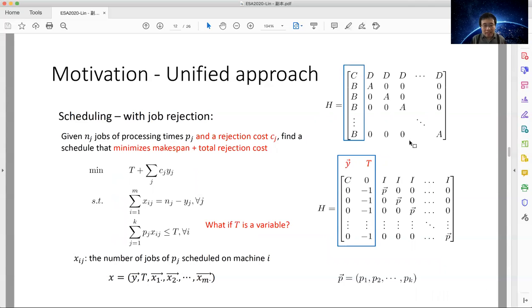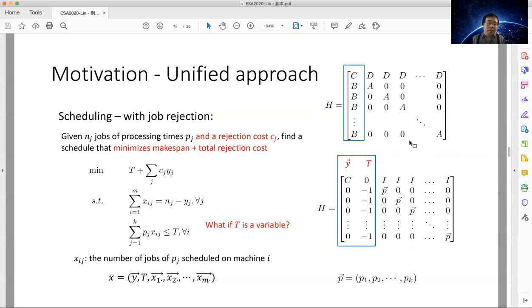Let's consider an almost direct generalization of the scheduling problem, which is scheduling with job rejection. Again, we have n_j jobs of processing time p_j, and in addition, we have a rejection cost c_j for each kind of job. This means that by paying a cost of c_j, you can remove one job of size p_j from your job set.